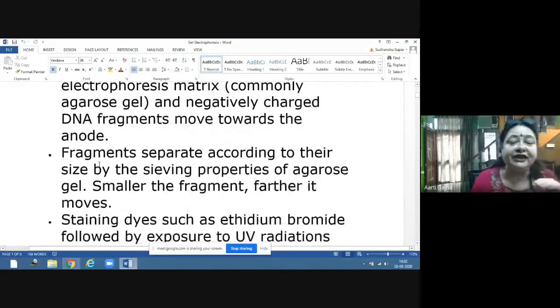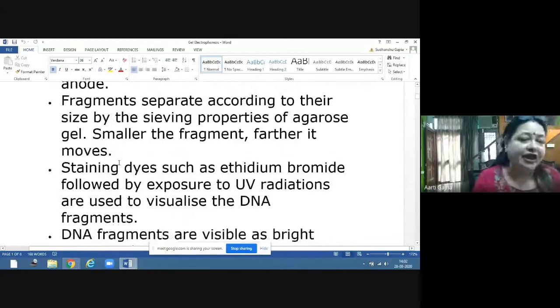Now for staining: without a stain we will not be able to see the DNA fragments. So we have to use a dye, and the staining dye used for gel electrophoresis is ethidium bromide.